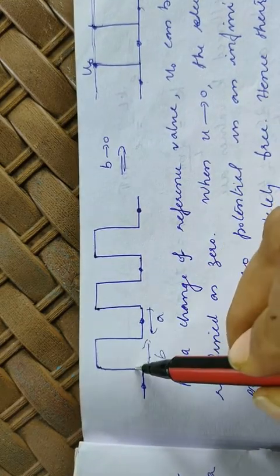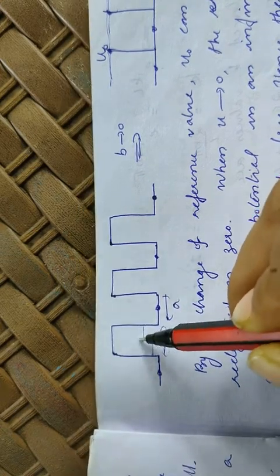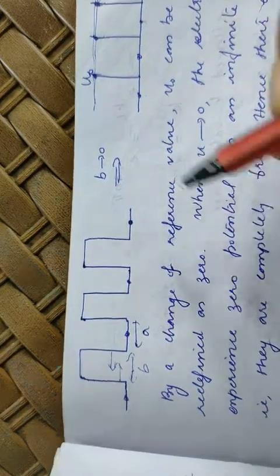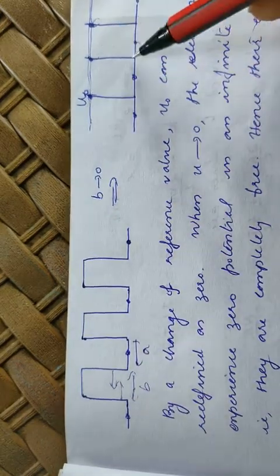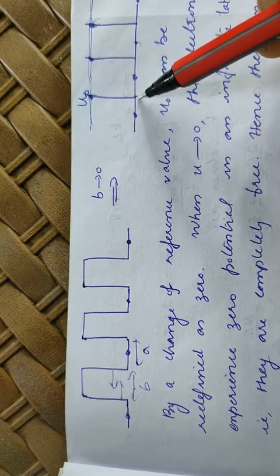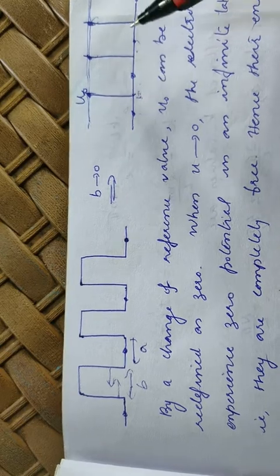So this width is shrinking to 0, which implies this width is just like a line. That is, the width is reduced to 0, these points.